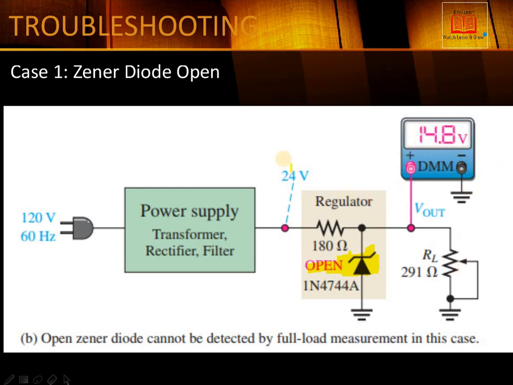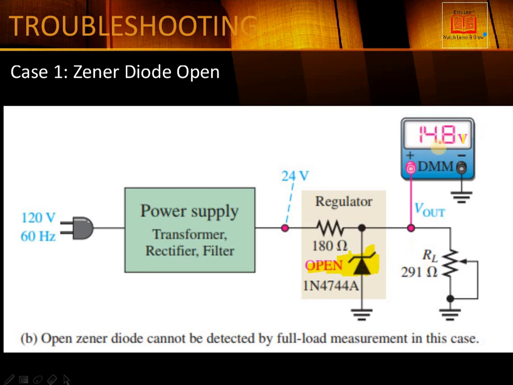For example, if we want to connect a motor here to the 24 volts, then of course, due to the connection of the motor load, the voltage will drop. This is because of the load: maximum load is connected, and it is already operating at the worst position, that is IZK.